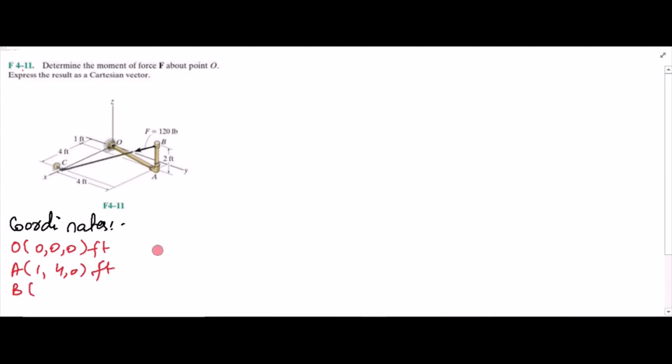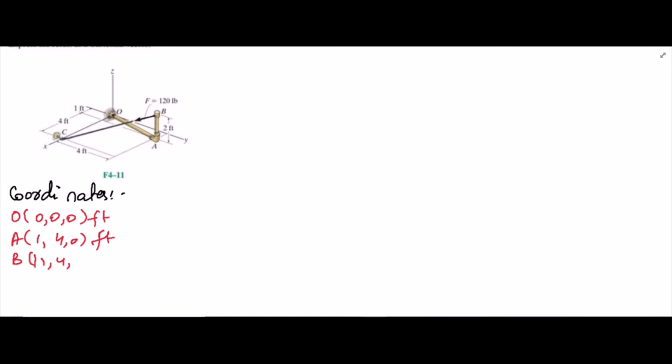For point B, I have 1, 4, 2 ft, and for point C, I have 5 in the x-axis and 0 in the y and z-axis. So these are the coordinates.